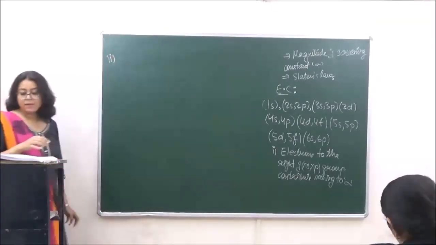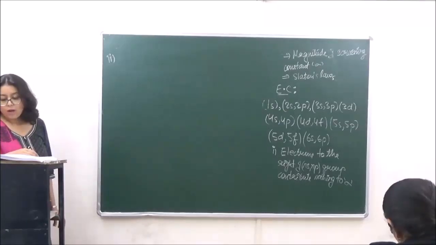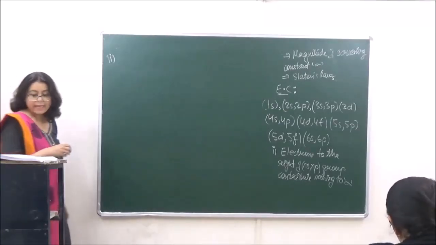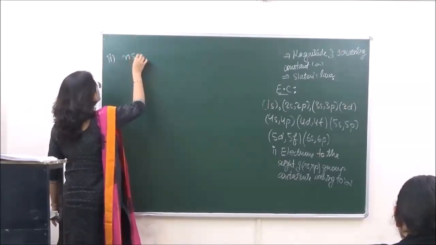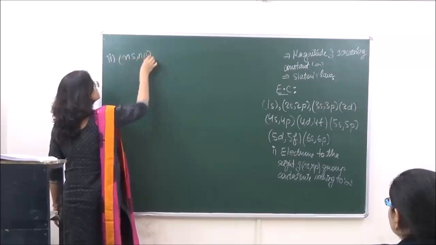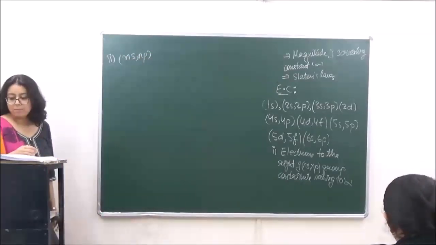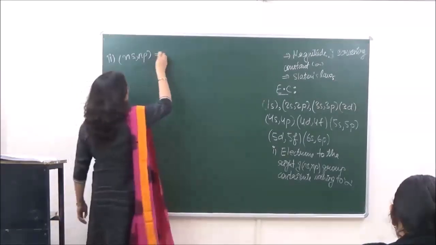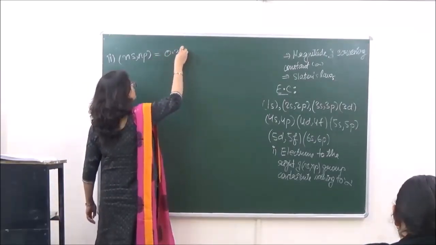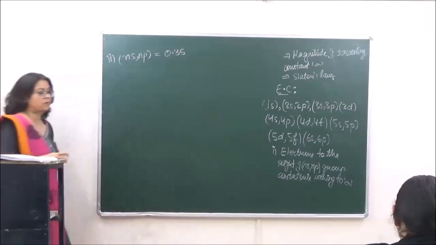The second statement is that all other electrons in the ns and p group contribute to the extent of 0.35.